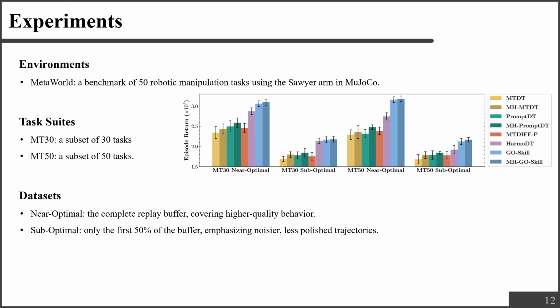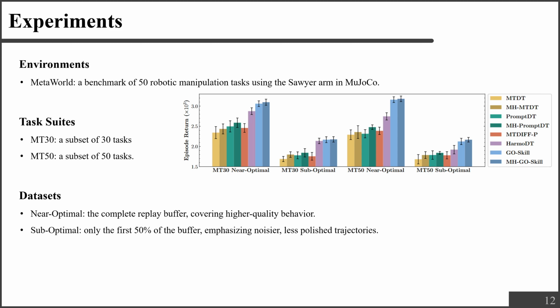They evaluate GoalSkill on MetaWorld. It is a benchmark of 50 robotic manipulation tasks using a Sawyer arm in MuJoCo. They consider two task sets. MT30 is a subset of 30 tasks, and MT50 includes all 50 MetaWorld tasks. MT30 is lighter weight and often used for faster iteration.